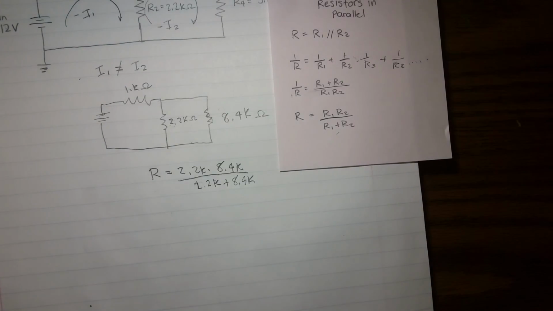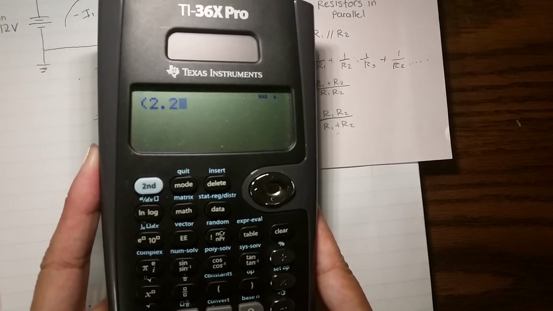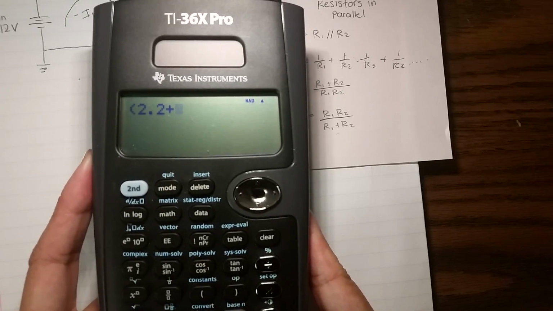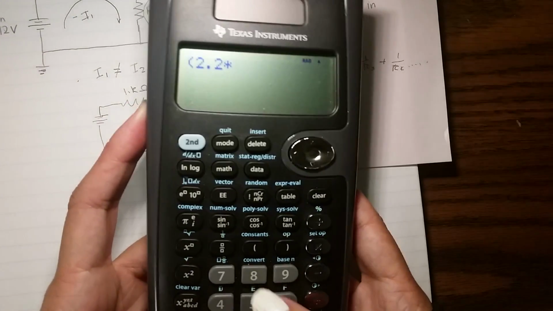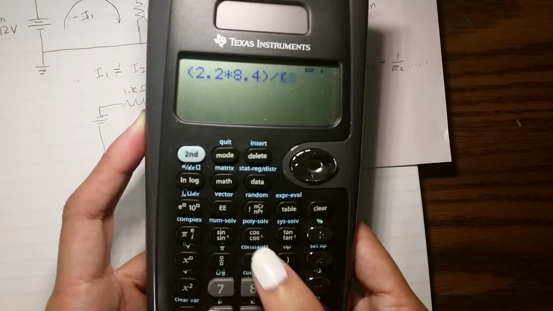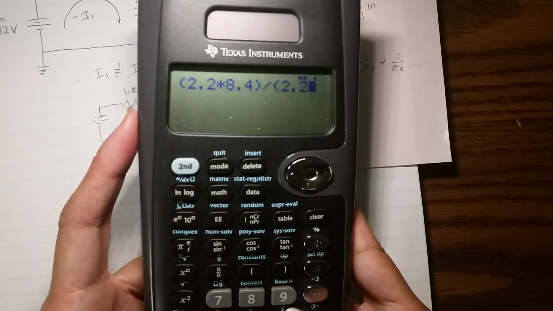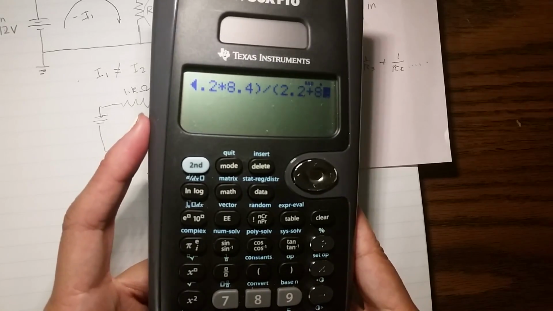Now, we do that on the calculator. 2.2 times 8.4 over 2.2 plus 8.4.